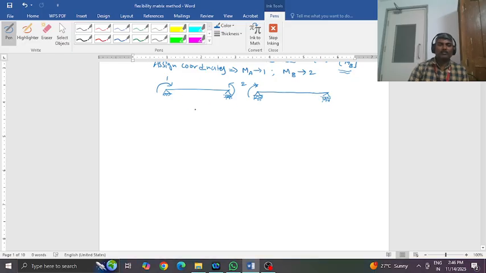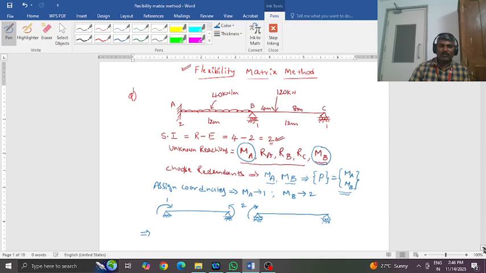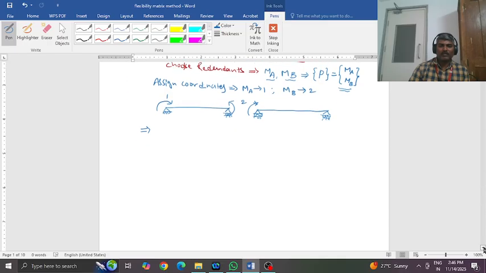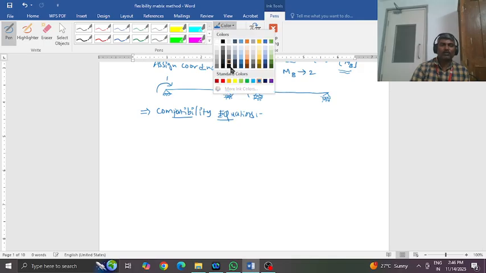To solve this problem, you need excess equations, because equilibrium equations are not sufficient. There are only two equilibrium equations, but the unknowns are four, so two more equations are required. Those equations are called compatibility equations.